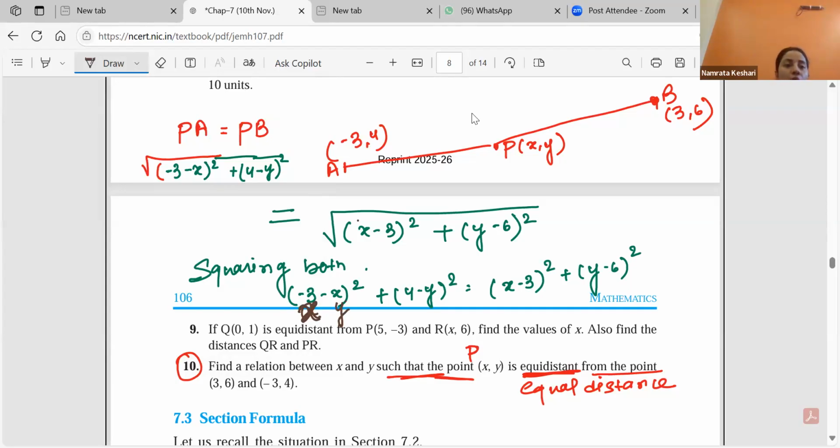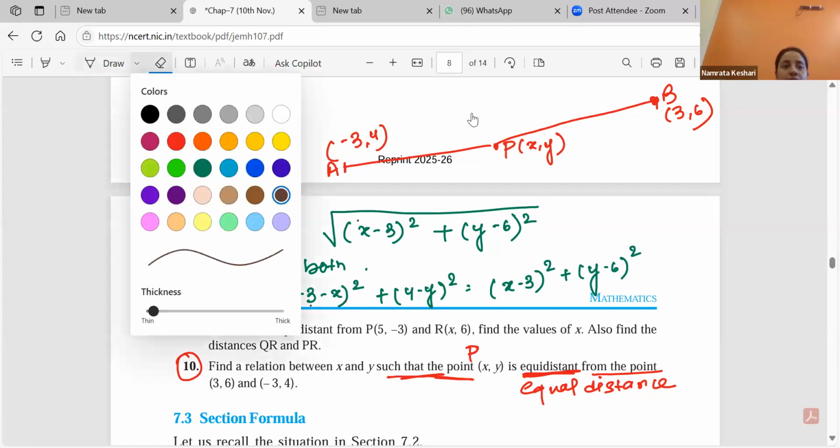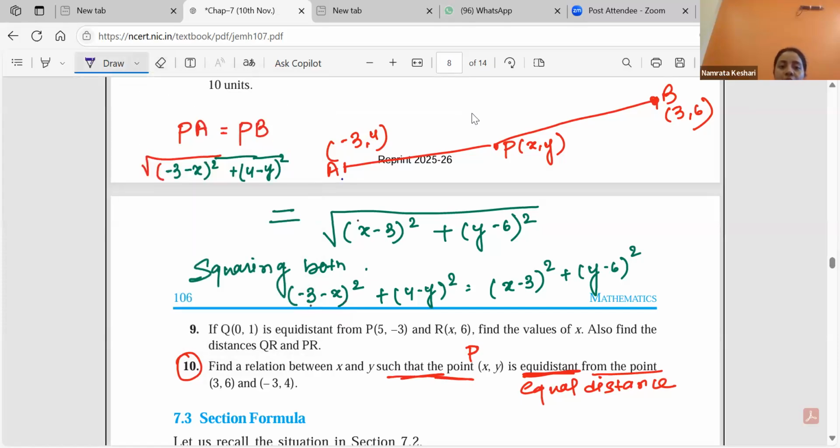That way you can do it, or there is one more way: you can take the minus sign common and you will end up having 3 plus x. But the minus sign which you are taking out will take the power 2. Are you getting it? Yes, ma'am.